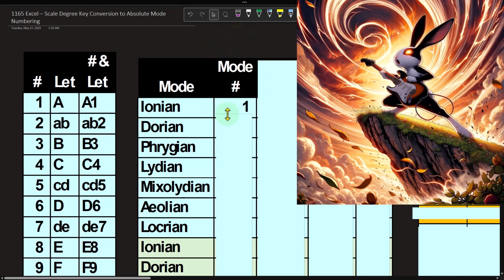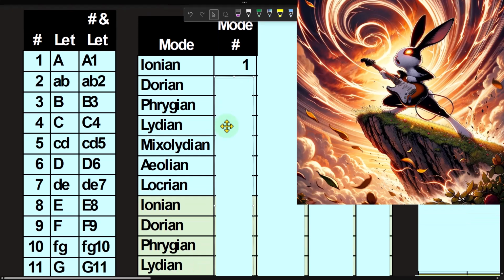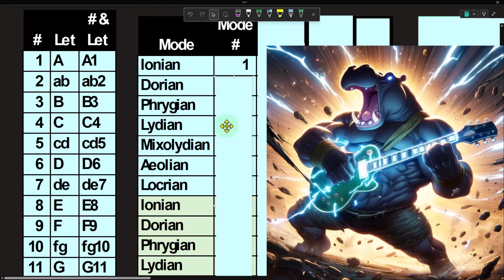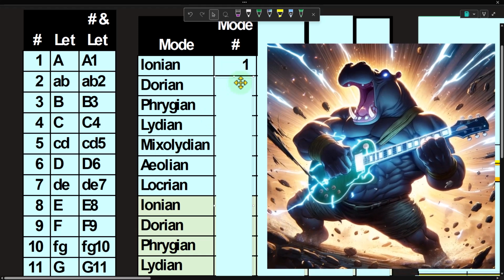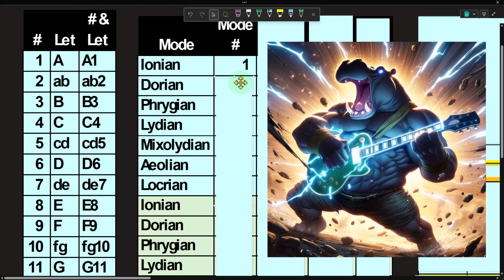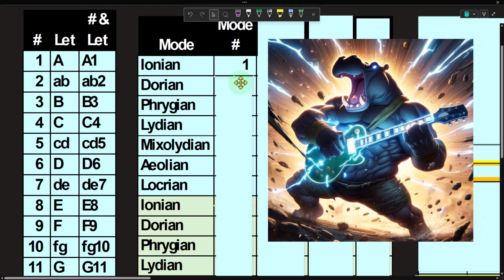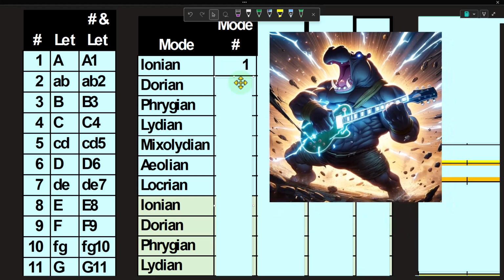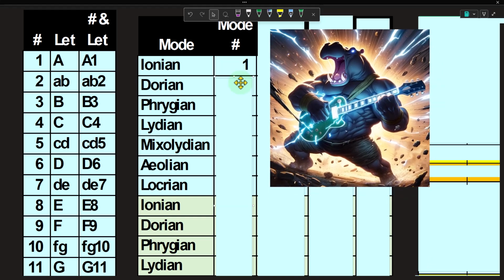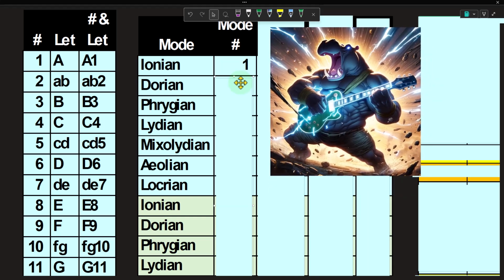So then we have the mode numbers. Now, these are what I'm going to call absolute mode numbers, like the Nashville number system. I don't care if I'm in the major key or the minor key. I want to keep the numbers the same. I think that's actually the more sophisticated thing to do. And again, this is the paradigm shift that I'm really advocating here. Most people think that keeping the number system the same is the shortcut thing to do.